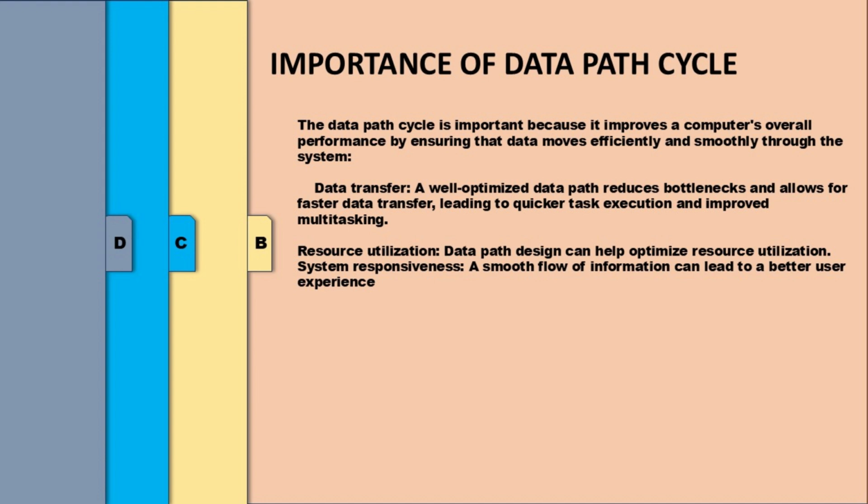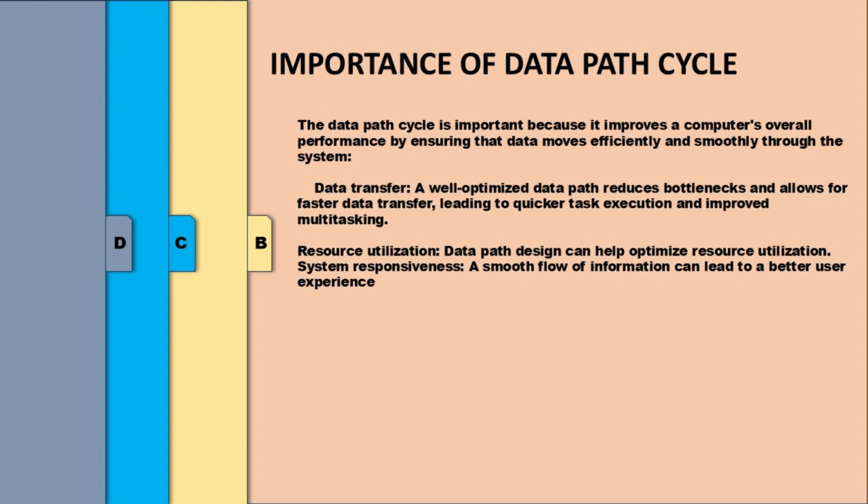Next is the importance of data path cycle. The data path cycle is important because it improves a computer's overall performance by ensuring the data moves efficiently and smoothly through the system. Below are some importance of the data path cycle. 1. Data transfer.